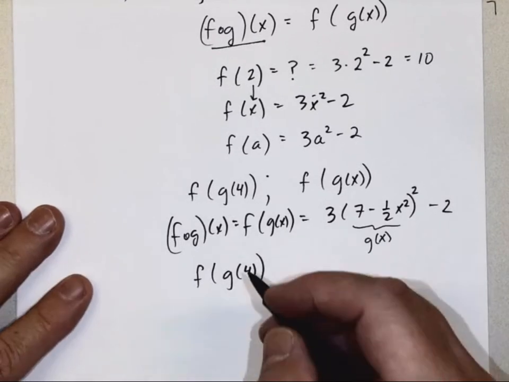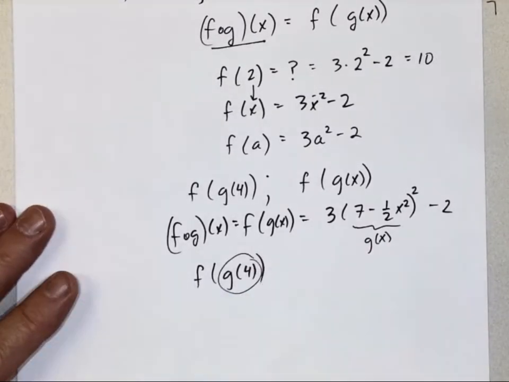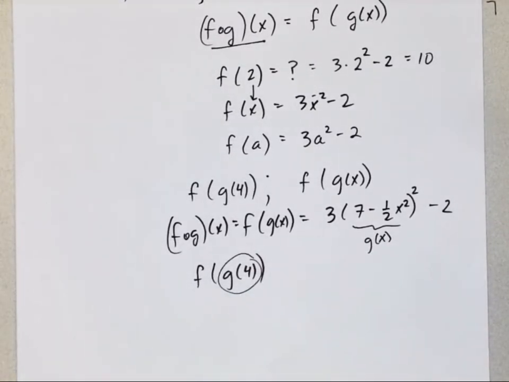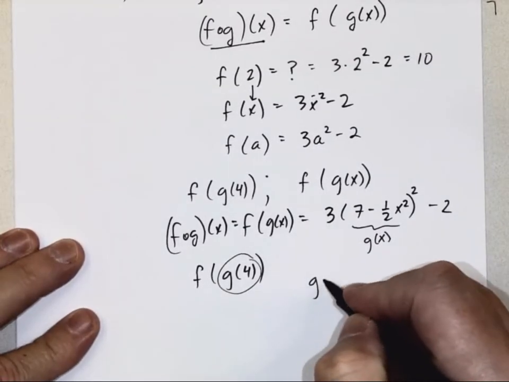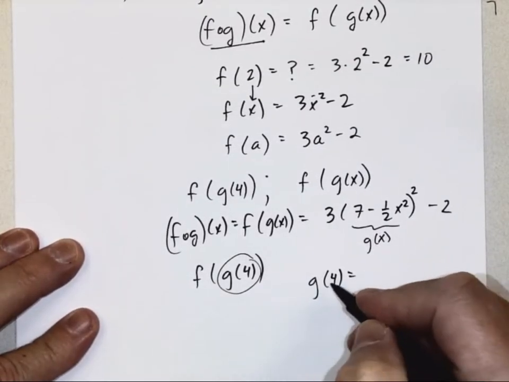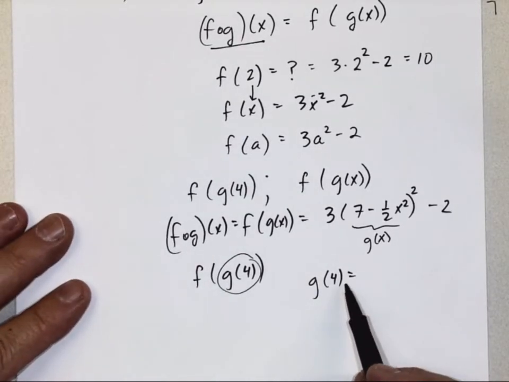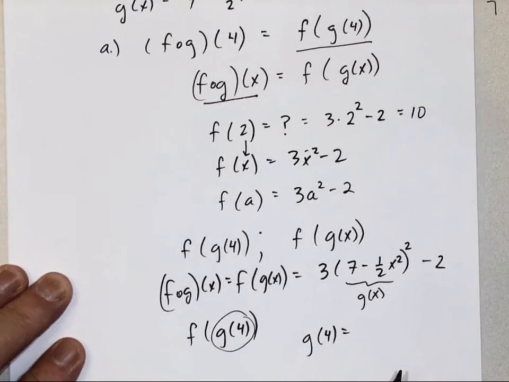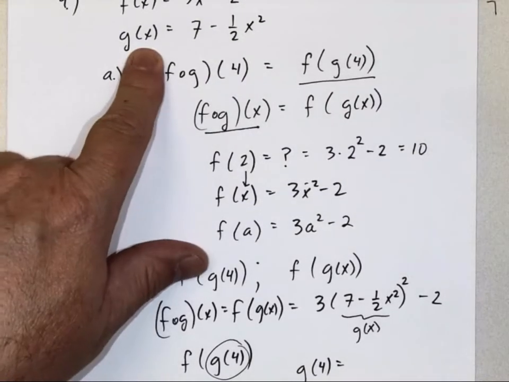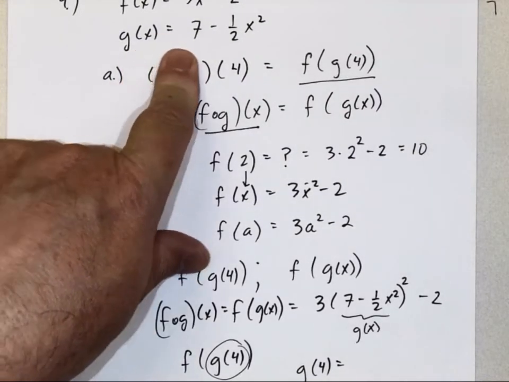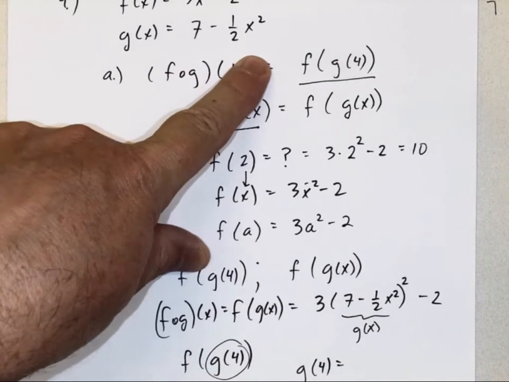Because what I'm going to do is, I'm going to first figure out what g of 4 equals. So I'm going to go over here and say, well, what is g of 4? G of 4 means you take the g function and you replace x with 4. I look at the top here. There's my g function, 7 minus 1/2 x squared.